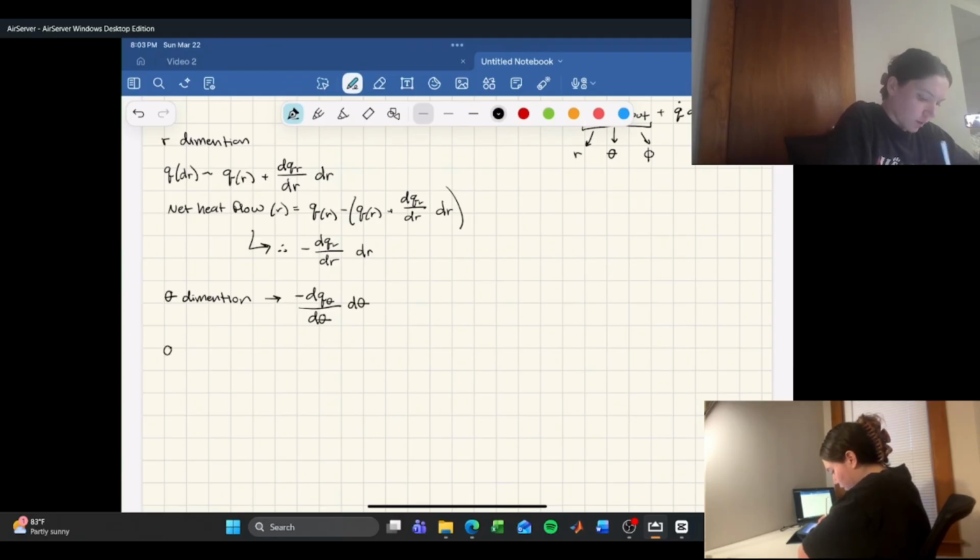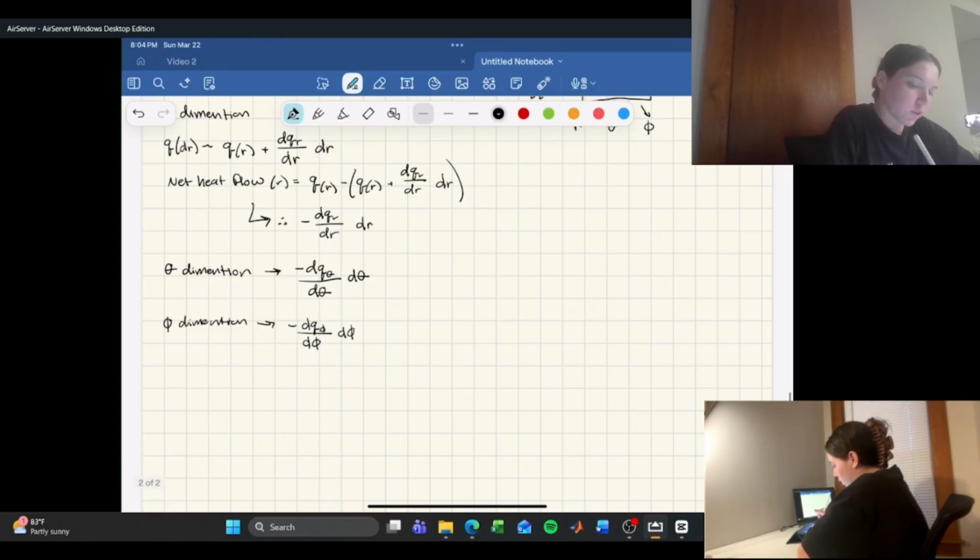And then for phi, the net heat flow is going to be negative change in heat flow over the change in position times the overall change in position.